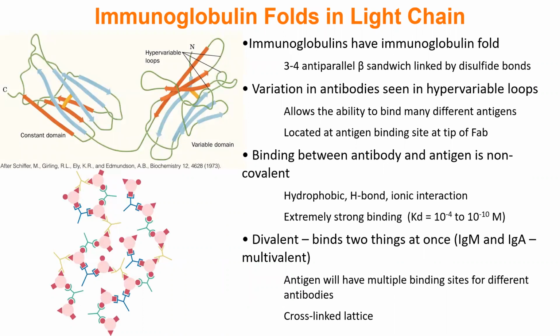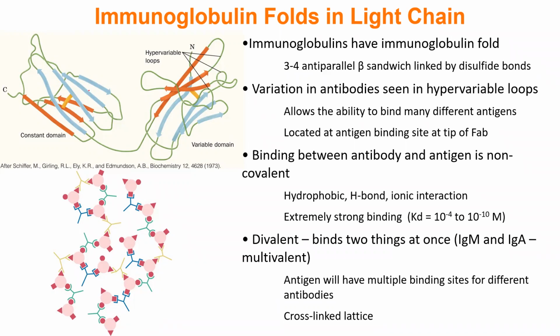So thinking about antibodies, antibodies have a very specific way they fold, in that you have two beta sheets forming together, held by a disulfide bond, and they make what's called a beta sandwich, which is exactly what it sounds like, two beta sheets folding together to make a little sandwich.